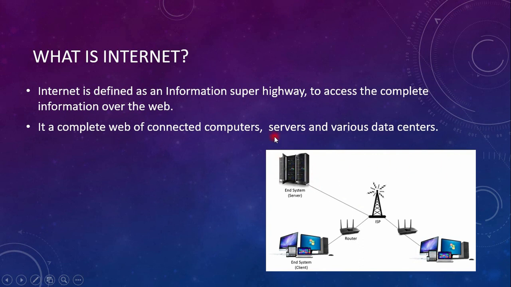It will access the information from this particular server, and it will come back through the same path and give you the information. So you can see how fast that thing is going on. You just hit enter, you will get the result. It is just a fraction of a second. So you can imagine what might be the speed of internet or the rate of data that is getting transferred.